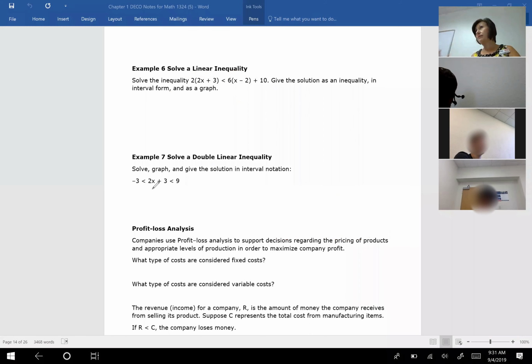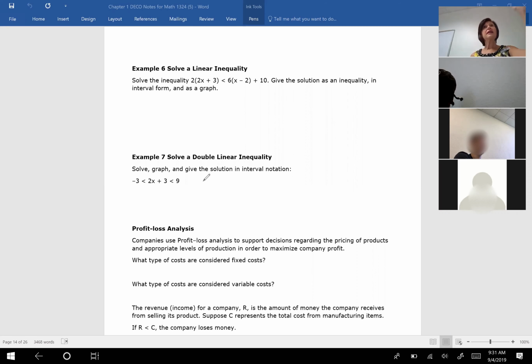Remember, the cardinal rule says we can add or subtract anything on both sides of an equal sign. We could add or subtract anything on both sides of an inequality, but look here, we've got 2 inequalities. So there's really 3 places: a left, a middle, and a right. Same rules. The only difference is now, instead of doing it in 2 places, you have to do it in all.